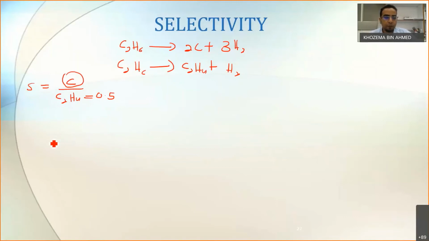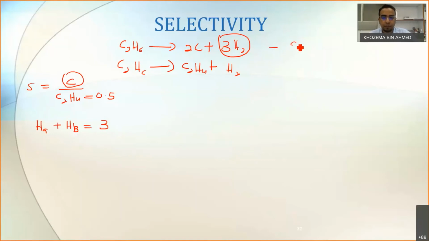To find the hydrogen produced only in reaction A, we said that moles of hydrogen from reaction A plus moles of hydrogen from reaction B is equal to 3.